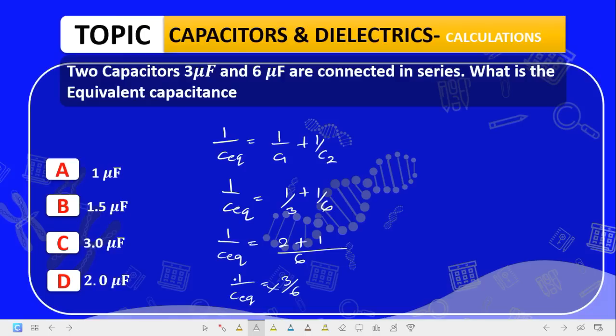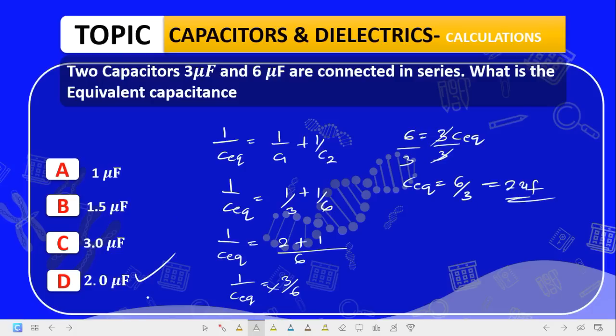Cross multiply: 6 times 1 is 6, and 3 times CEQ gives 3 CEQ. To get CEQ, the equivalent capacitance, divide both sides by 3. Then CEQ is 6 over 3, which gives us 2 microfarad. So the equivalent capacitance is 2 microfarad.